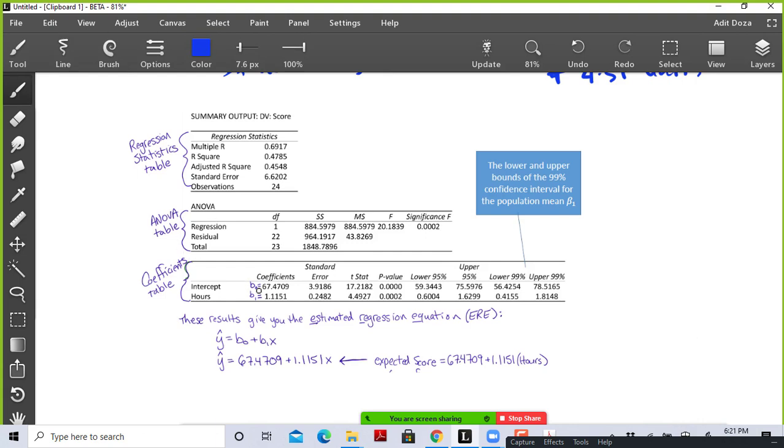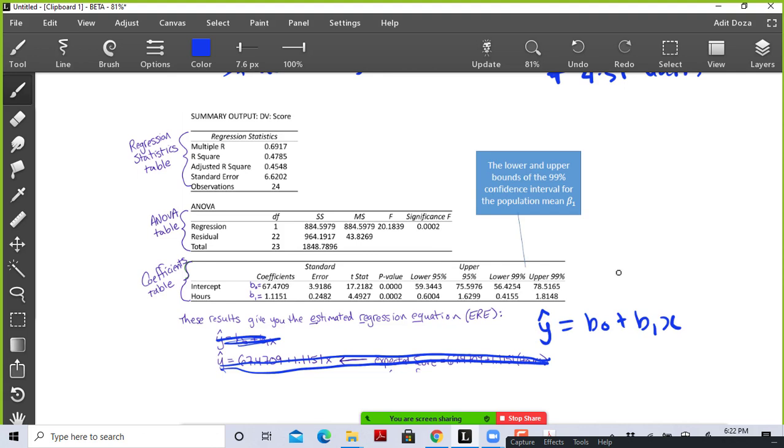For example here, if I didn't give you this equation, and I ask you to find the estimated regression equation, how will you find it? You first write the form y hat equals beta 0 plus beta 1 x. This is for simple linear regression, just one independent variable.